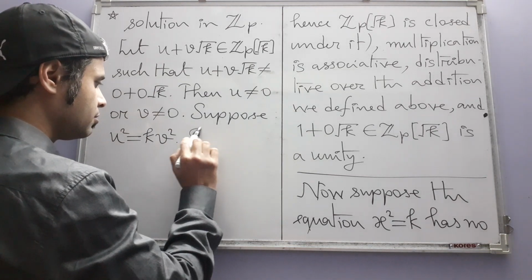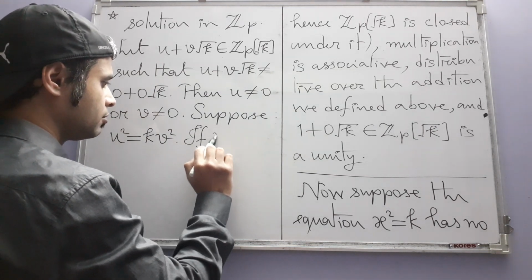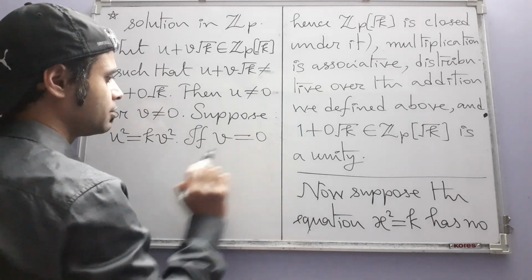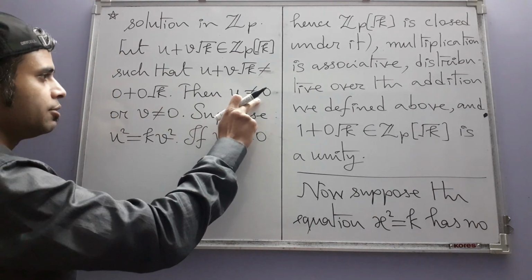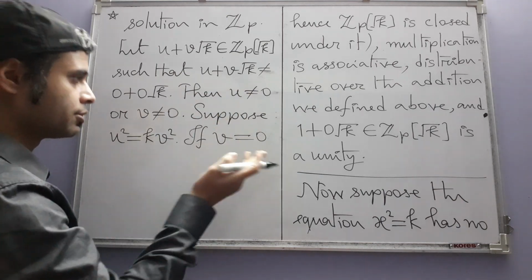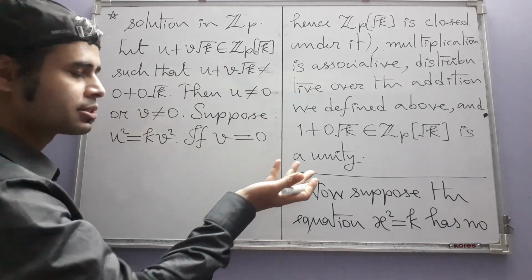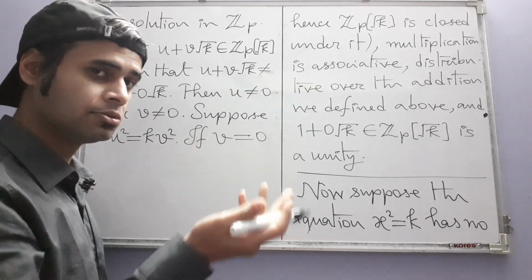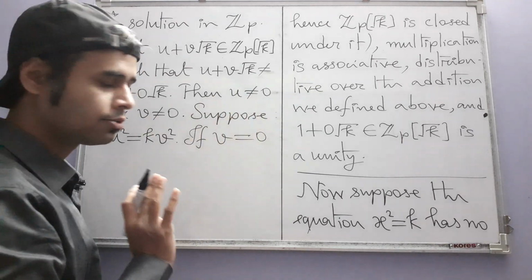Now if v is equal to 0, see, we need only u to either be non-zero or v to be non-zero. Maybe it's the case that v is 0 and u is non-zero, that is allowed.